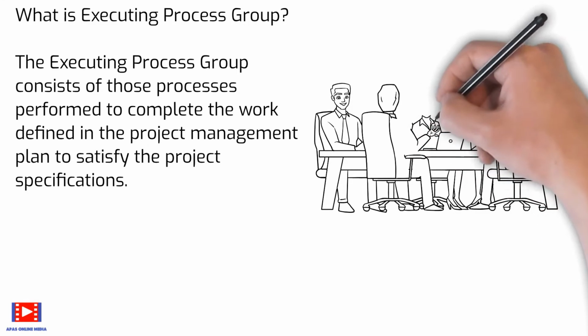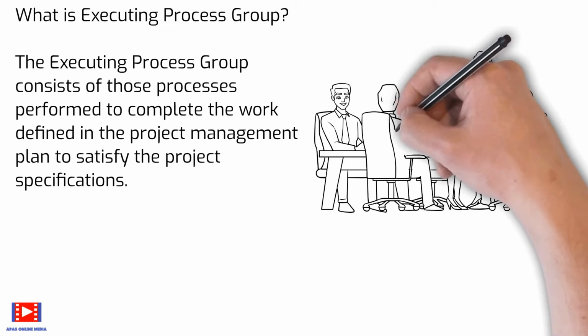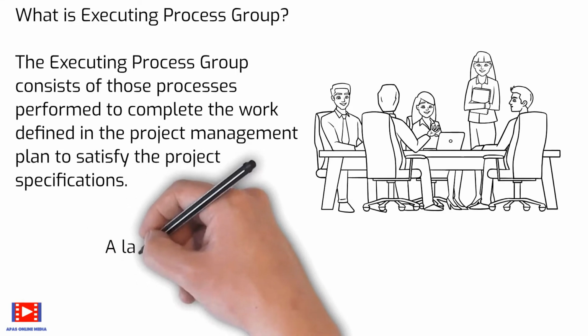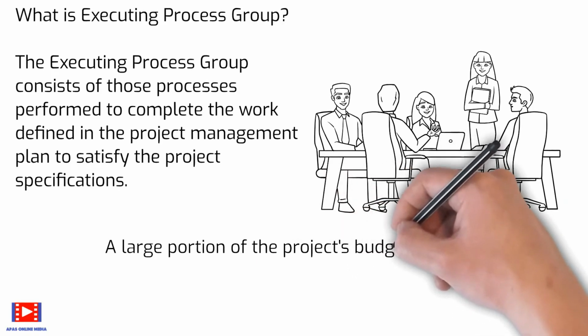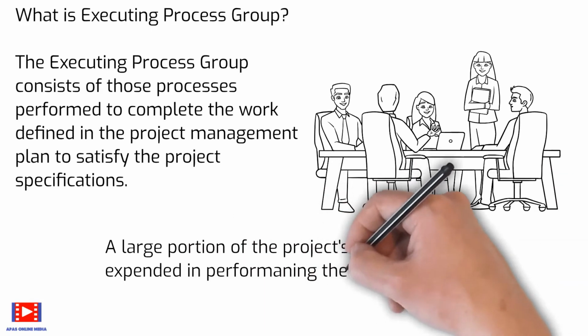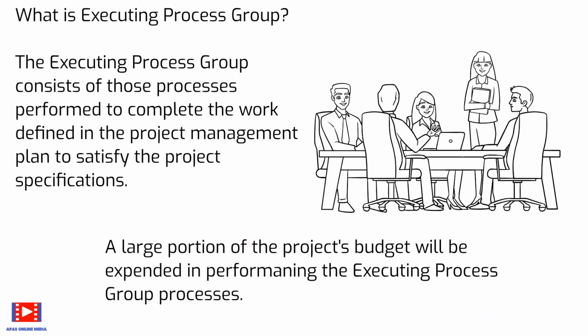The results of the analysis can trigger change requests that, if approved, may modify the project management plan or other project documents, and possibly require establishing new baselines. A large portion of the project's budget will be expended in performing the executing process group processes.